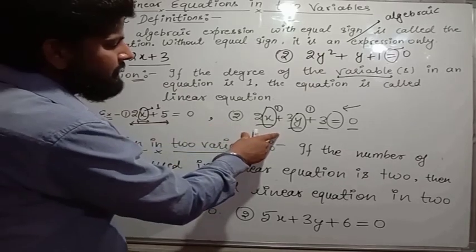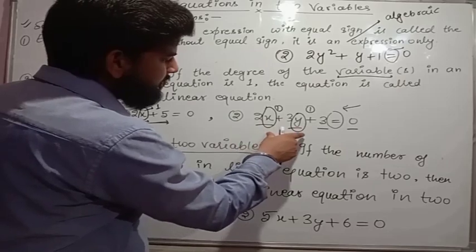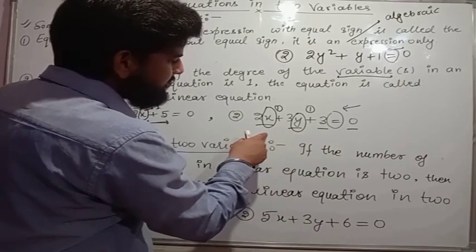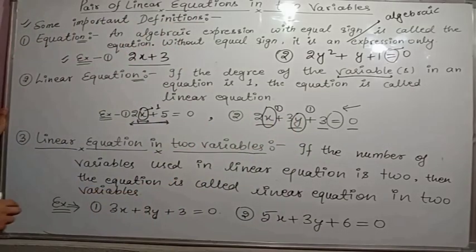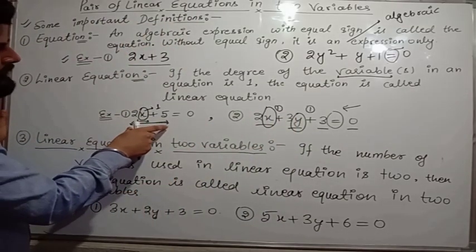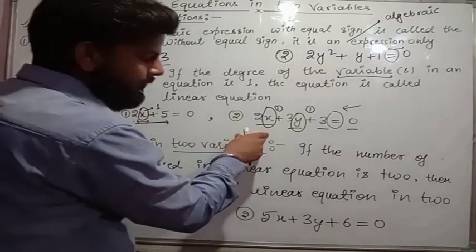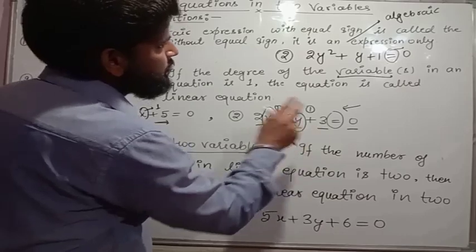This equation has two variables, so we say it is a linear equation in two variables. Okay, अगर एक वेरिएबल है तो हम कहेंगे linear equation in one variable. अगर दो वेरिएबल हैं, then we will say linear equation in two variables.